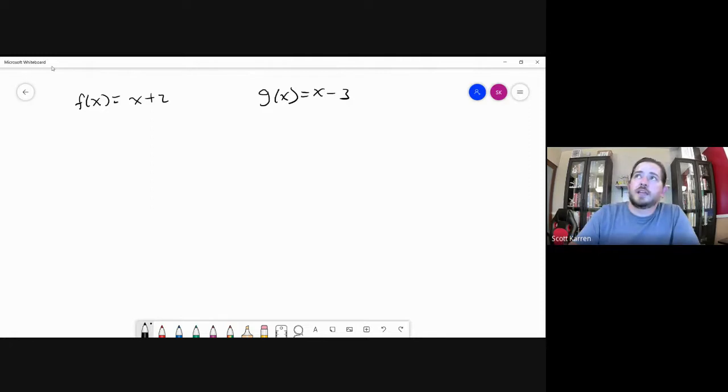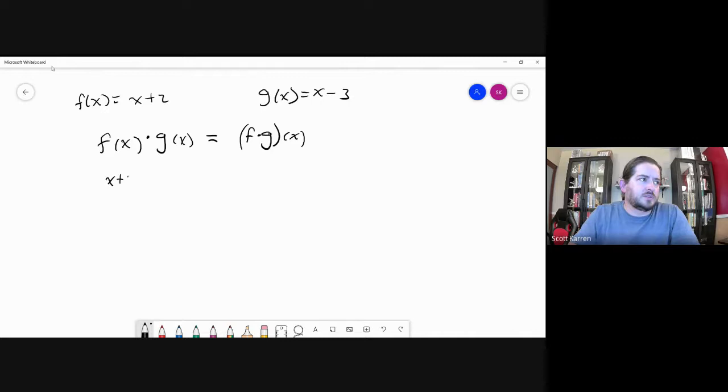Now, f times g. I'm going to write it here, f of x multiplied by g of x. We would write the result of that as f times g of x. So f of x I can write out as x plus 2. g of x I would write out as x minus 3.